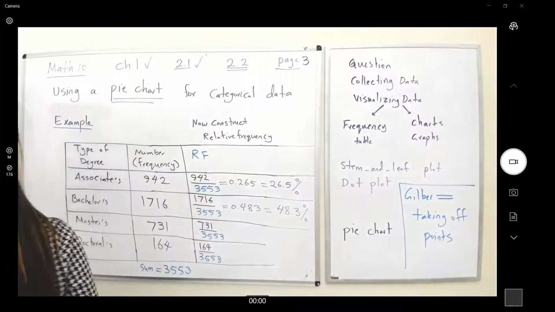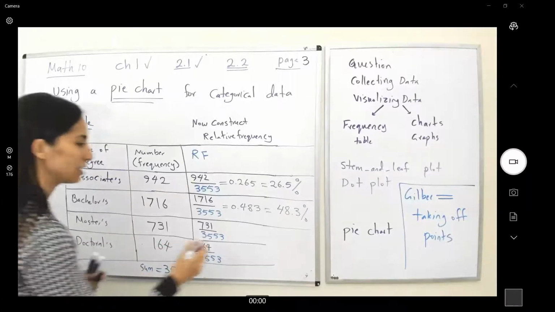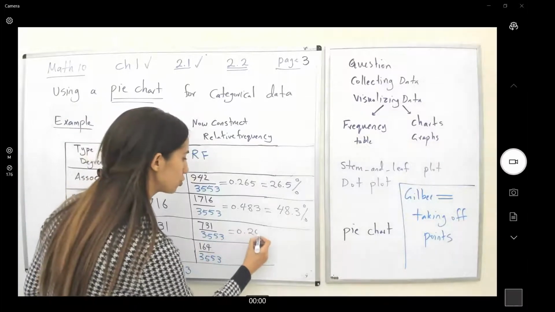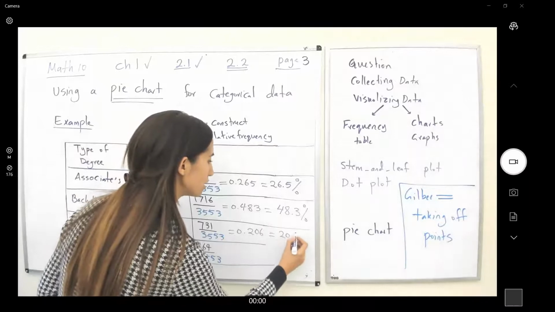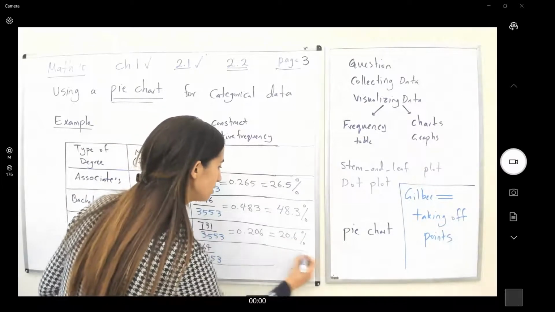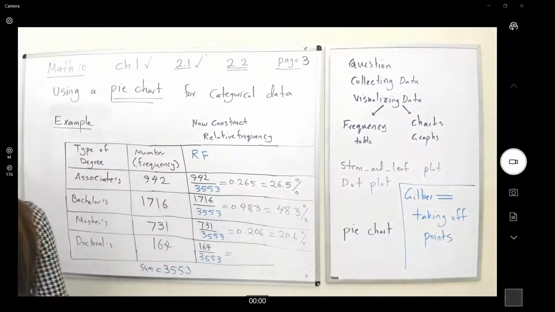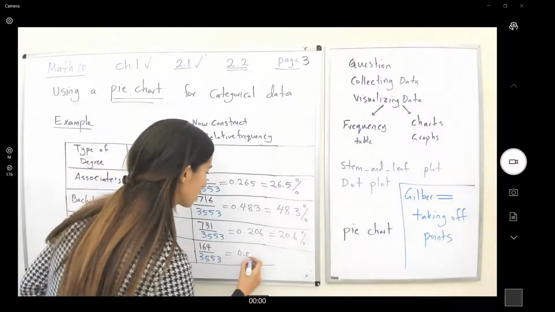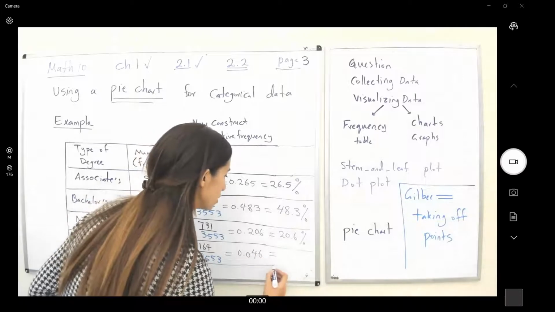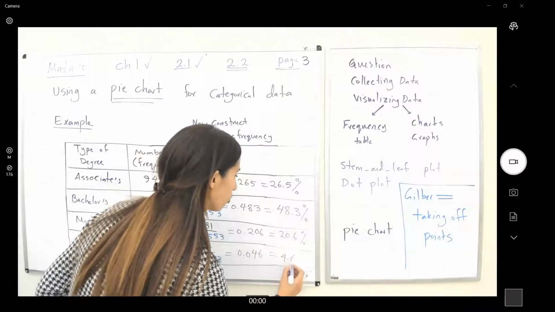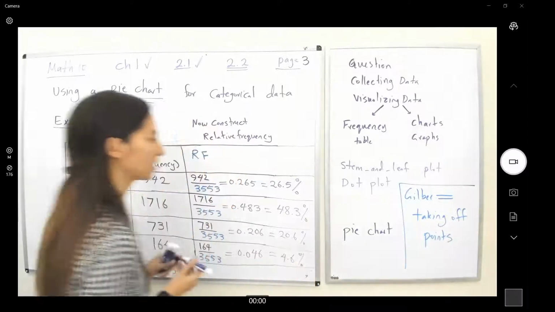The next category has a relative frequency 0.206 or 20.6%. And finally, you have 0.046, which is equal to 4.6%.